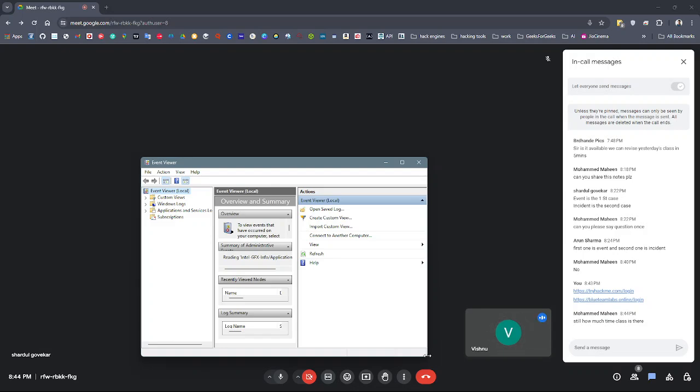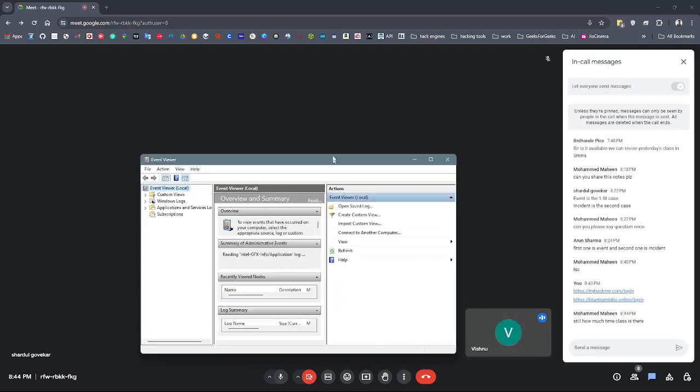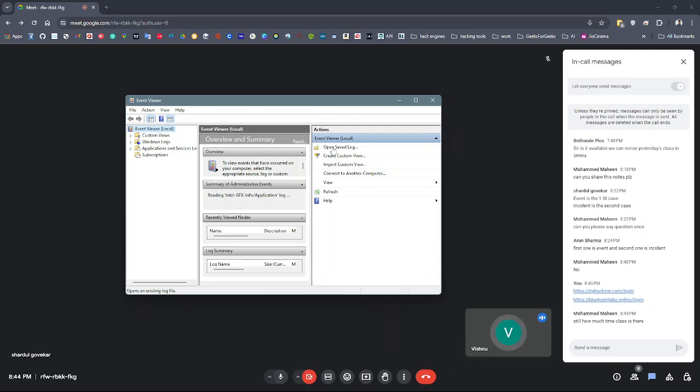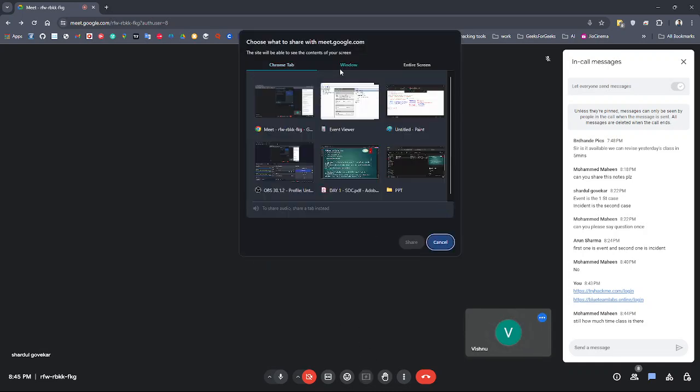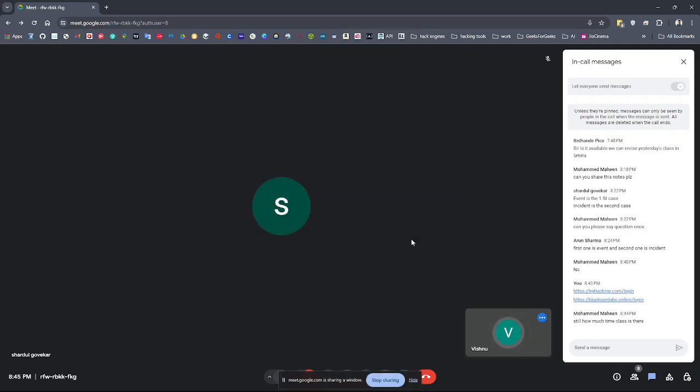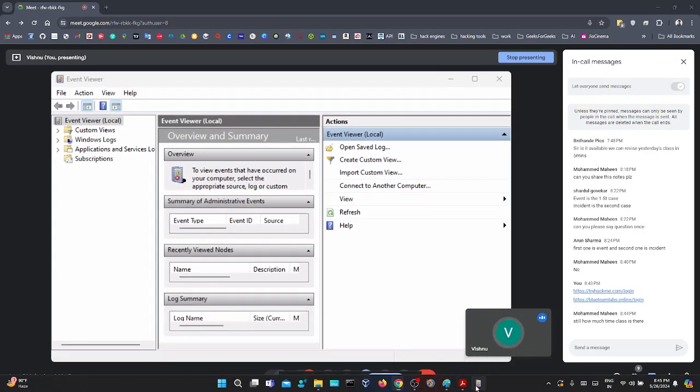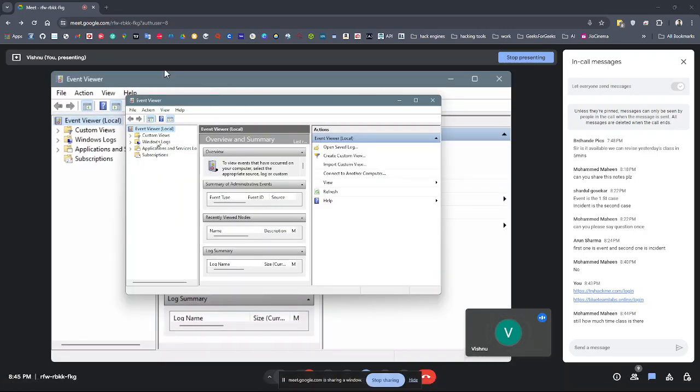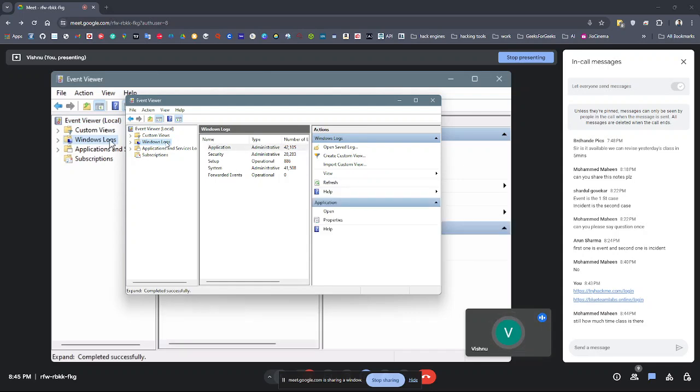Okay. So we just talked about how the firewall of Windows is Windows Defender. If I open my Event Viewer, then tell me, in Windows Logs, where will I get my Windows logs? If I go to Windows Logs, let me increase the size.